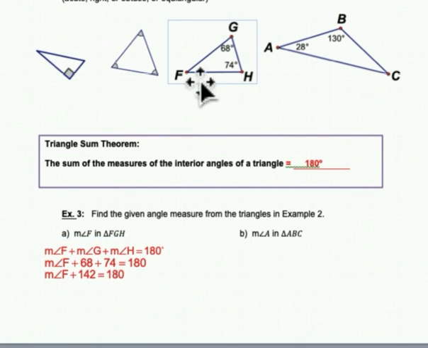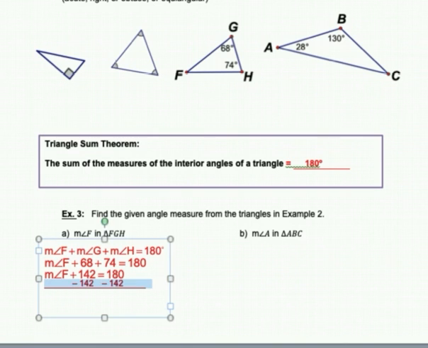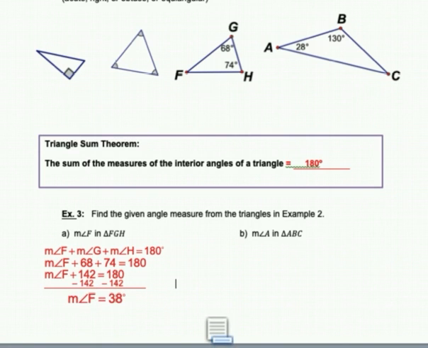So the measure of angle F plus 142 degrees is 180 degrees. And next I'm going to subtract 142 from each side of the equation, which will leave me that the measure of angle F is 38 degrees. And I'm going to go ahead and mark that right in the triangle, that angle F is a 38-degree angle.